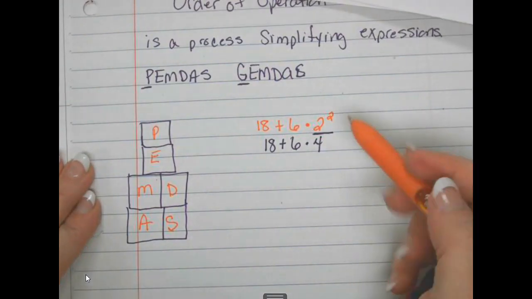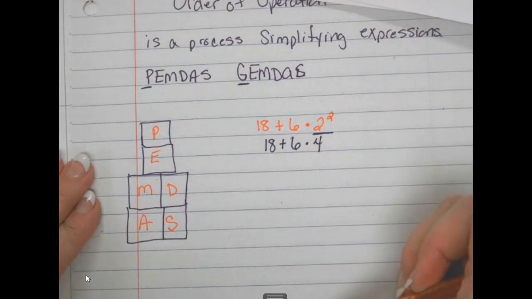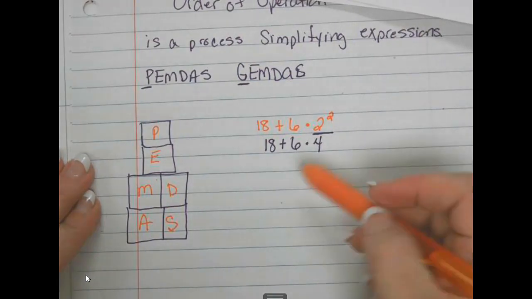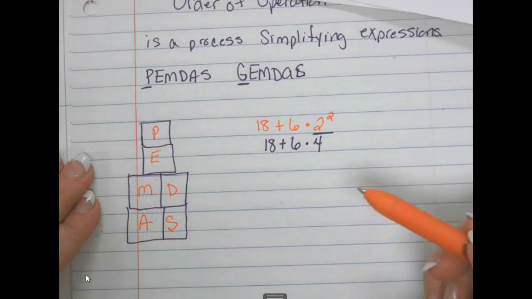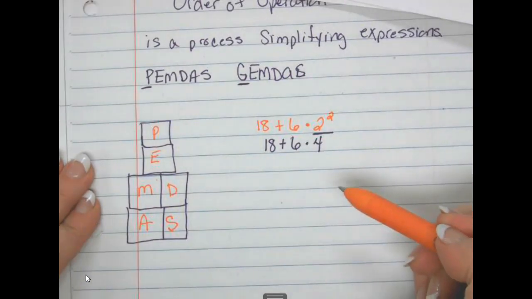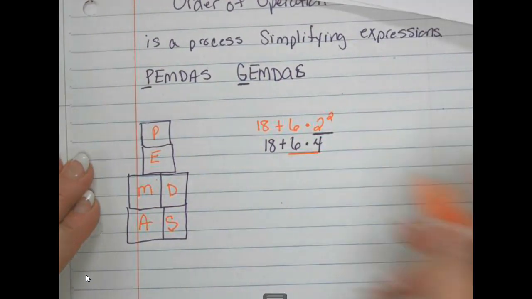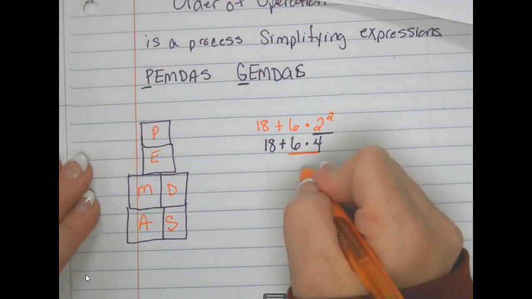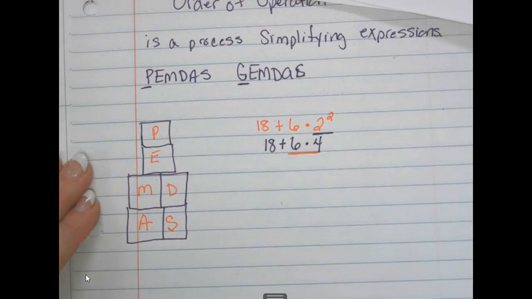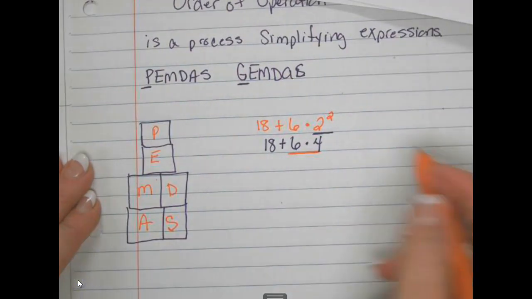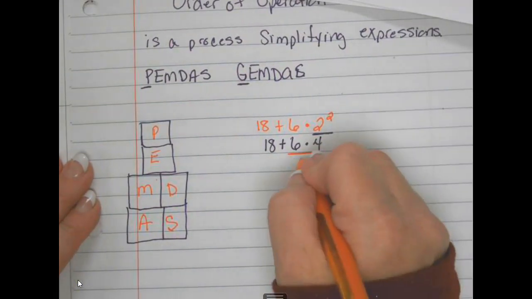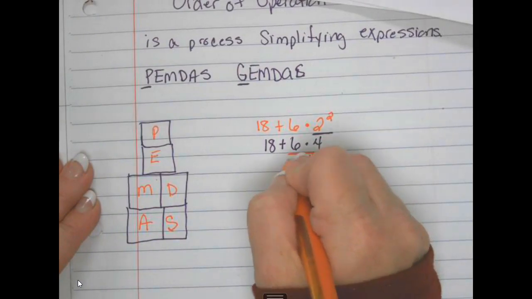Now, do I have any more exponents? Do I have any multiplication or division? What do I have? So underline 6 times 4. Six times 4 is 24.